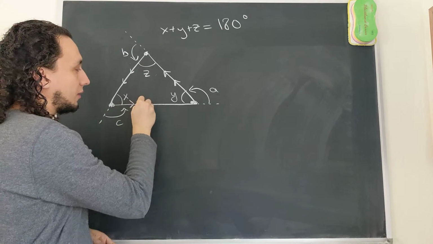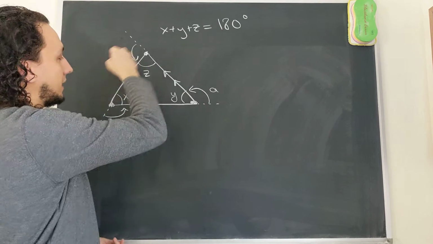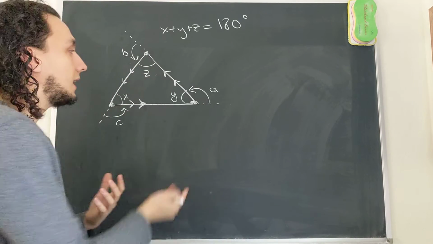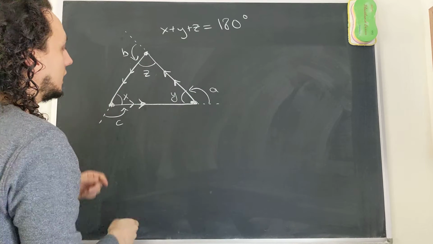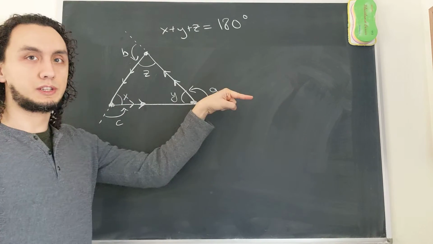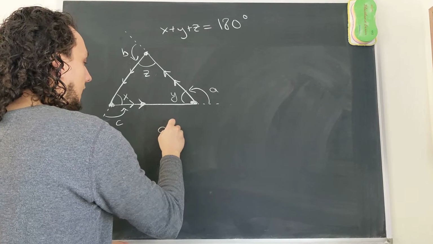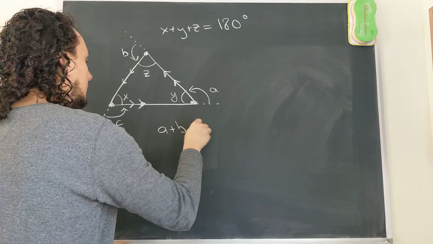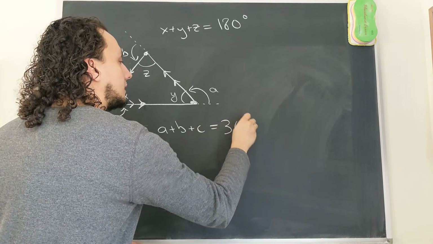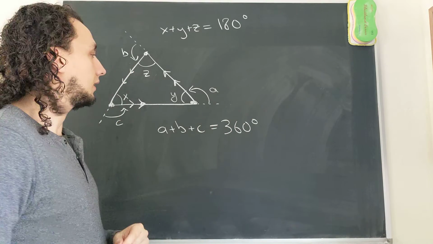Now we can see that from where you started, you basically went in a circle. It wasn't a curved circle, it was a triangle, but the point is that the total amount that you turned brought you from facing this direction all the way back around to facing this direction again. And that means that A plus B plus C equals 360 degrees, one full turn.